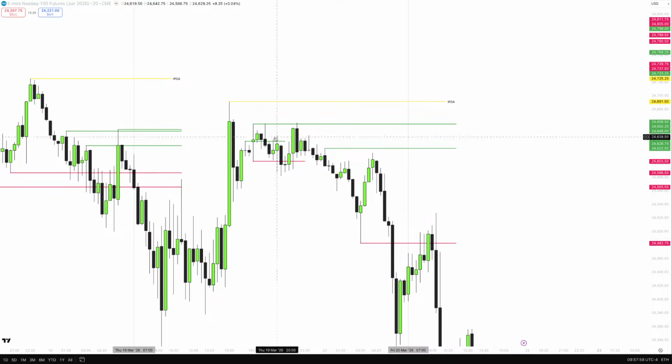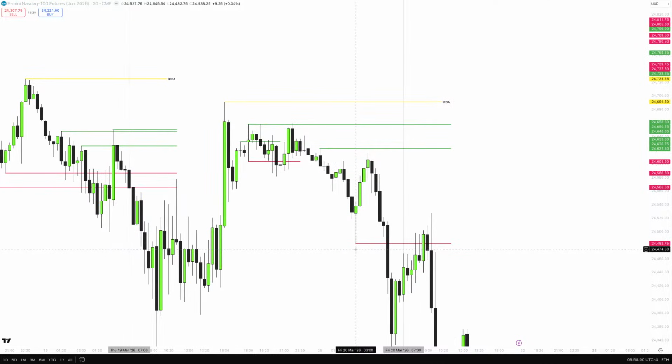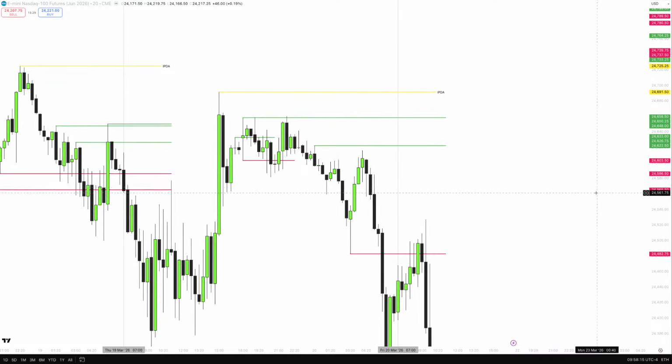And this is the perfect example we have right here. This is an IPTA low, we have a displacement to the downside. So the next IPTA low is this low right here. It is 6 p.m. So 1 plus 8 is 9. It is an IPTA low. So we see right here, we have a displacement to the downside.